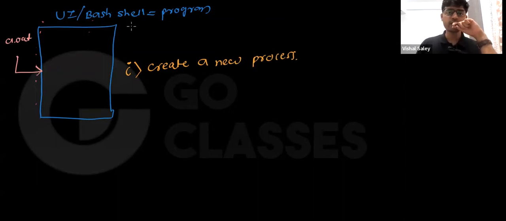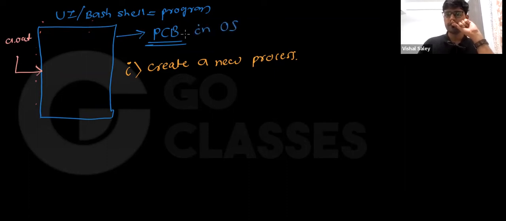Note that this blue box itself is some program. It means it has a PCB, because it itself will have some process control block in the operating system. Is this understood?